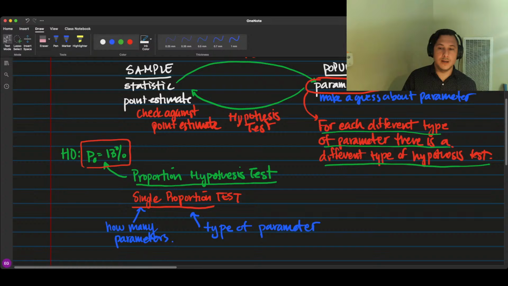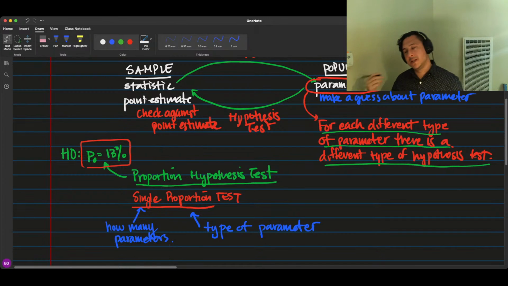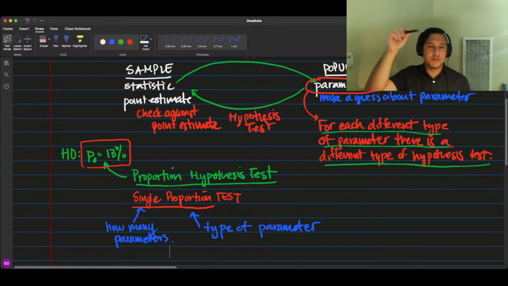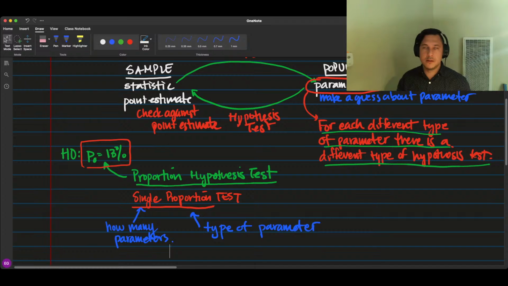Okay. So just so that makes sense to you, there's a standard about how we do this. You're always going to say the type of parameter, in this case proportion, and how many of those parameters you're dealing with. Single proportion test, or one proportion test, or double proportion test, or what's another way to say double?